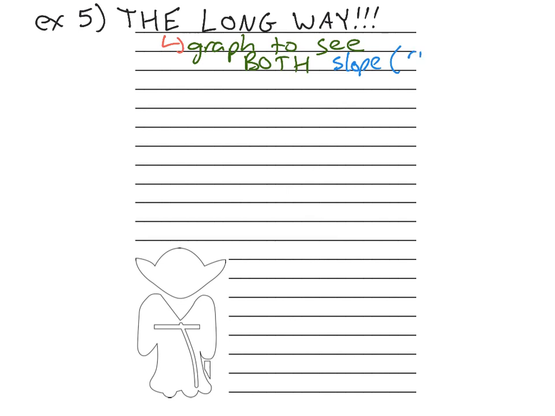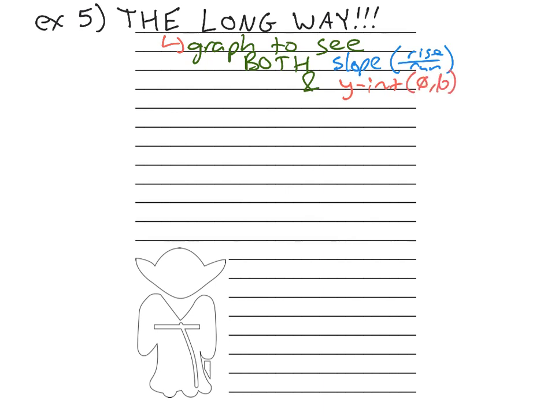That'll be your rise over run. But also, if you extend the line through those 2 points, you'll not only see the slope, but you can also see the y-intercept. You're going to see right where it crosses the y-axis.